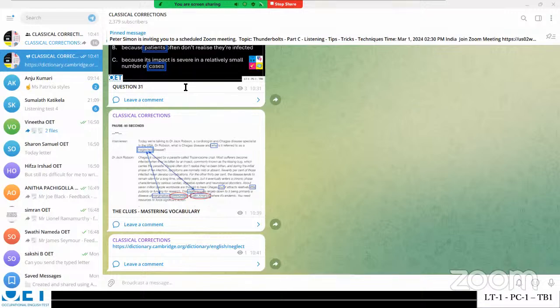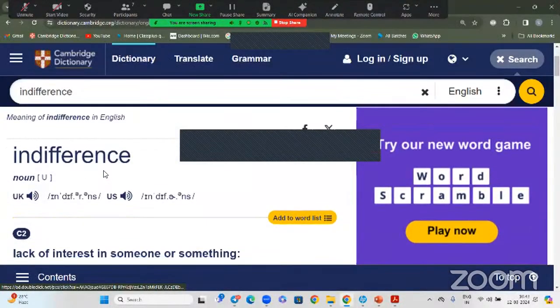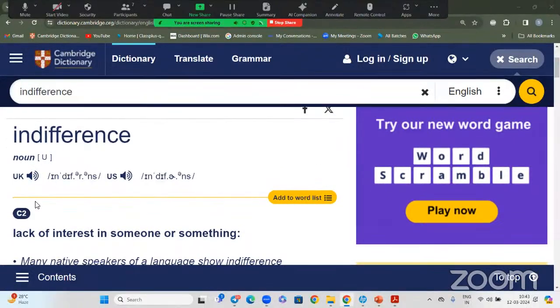Next one is indifference, a C2 vocabulary.